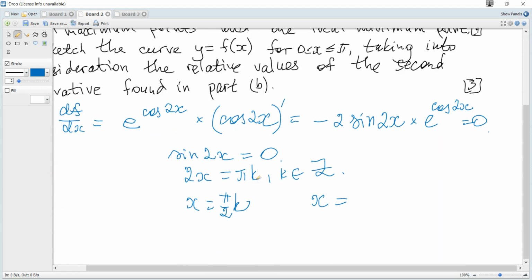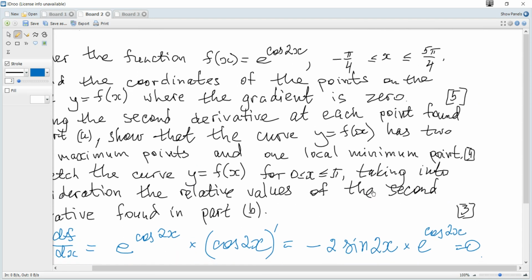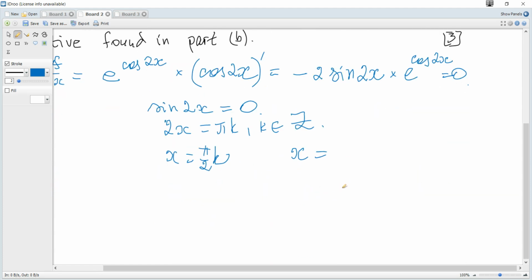And hence the solutions are, since we need x from negative pi over 4 to 5 pi over 4: when k is negative 1, it's too much. When k is negative 1, it's negative pi over 2, which is less than negative pi over 4, so it's not a root.